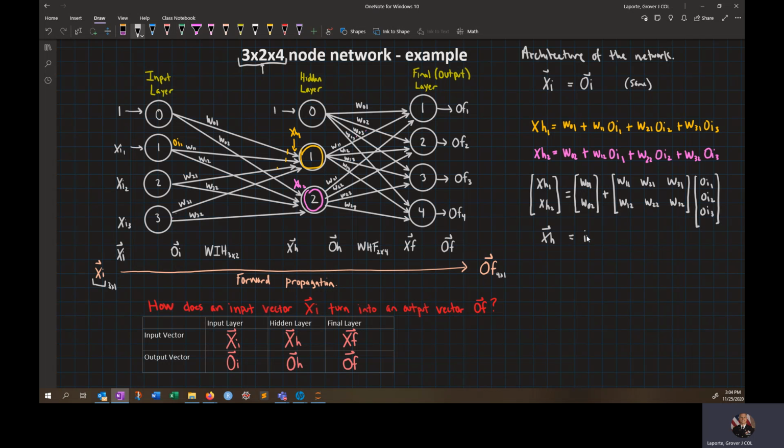So it's the input bias vector, meaning it's just these two numbers. Plus, now, what you have to recognize, well, you don't have to, but hopefully you recognize that if I was going to give you a matrix, here, let me just write it somewhere. Let me put it in green here.